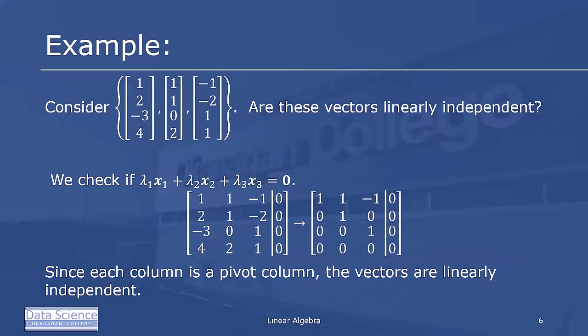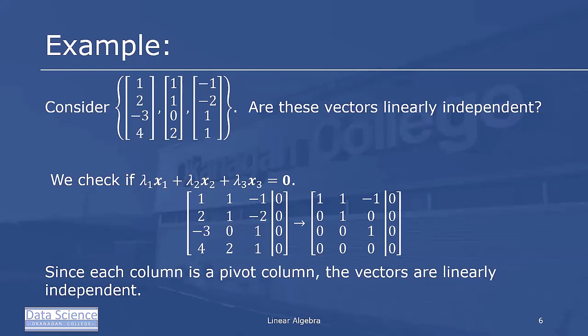Here's an example. We want to determine whether this set of vectors, 1, 2, negative 3, 4; 1, 1, 0, 2; negative 1, negative 2, 1, 1, are these vectors linearly independent? Well, as we said before, let's check to see if lambda 1 x1 plus lambda 2 x2 plus lambda 3 x3 is equal to 0.